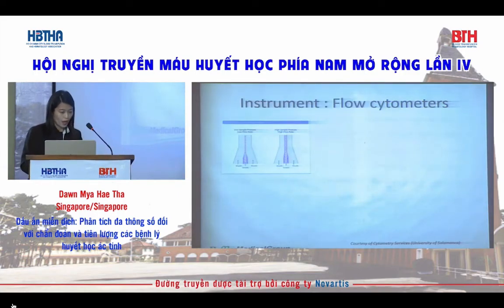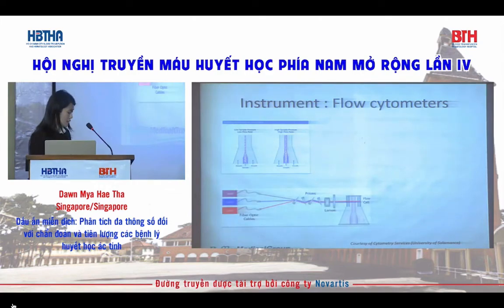So the fluidics of the flow cytometer will transport the cells of the sample to the point of interrogation by the lasers. And at this point, mainly two things happen. The light energy from the laser is scattered just simply because of the nature of the cells, and these scattered light will be captured as forward and side light scatter characteristics of the cells.